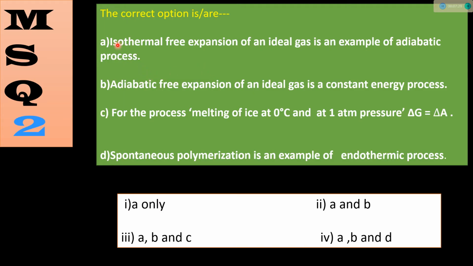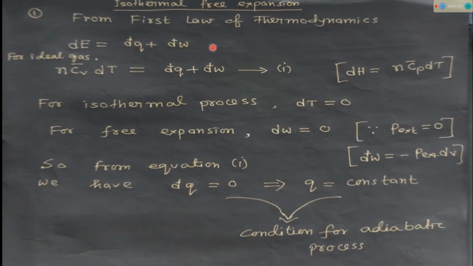Now see, isothermal condition and also free expansion condition is given. So let's see what happens now. For an isothermal process, you all know that T is constant. If T is constant, then dT equal to 0. So for an isothermal process, we can write dT equal to 0.